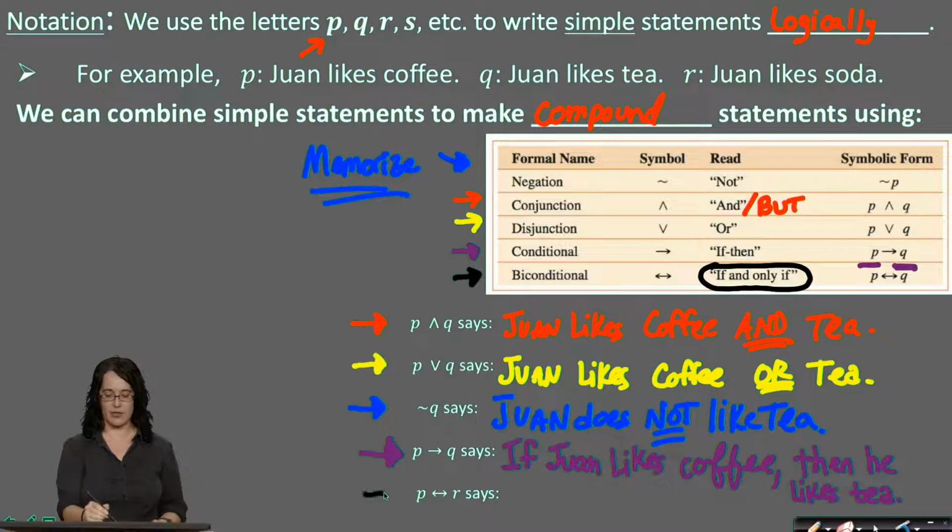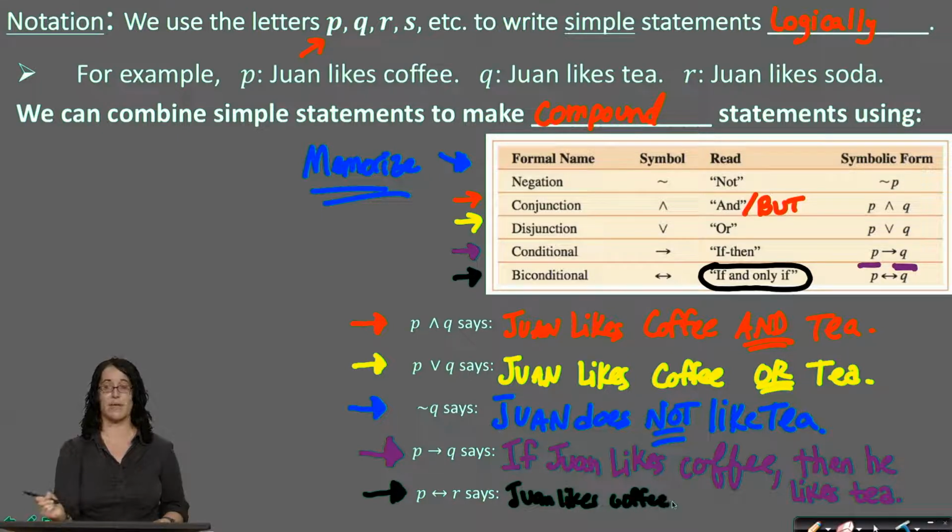So how would we interpret in English this logical statement? P double arrow R. What does that say in English? It means P happens if and only if R happens. So P was Juan likes coffee. So I would start with Juan likes coffee.